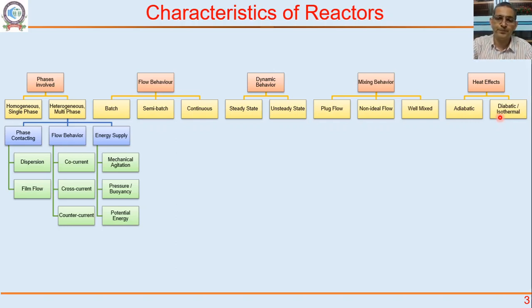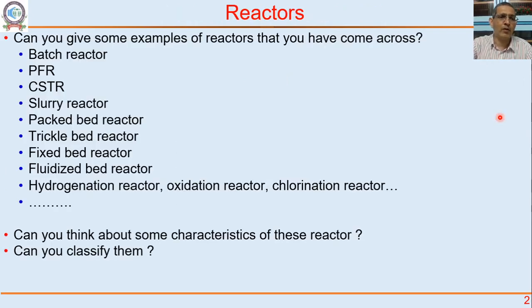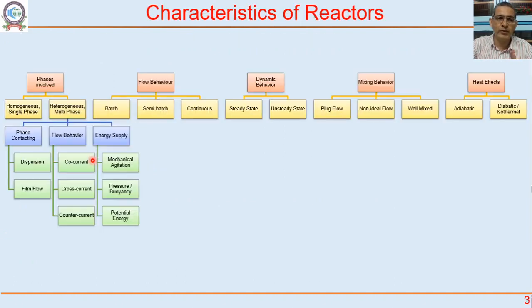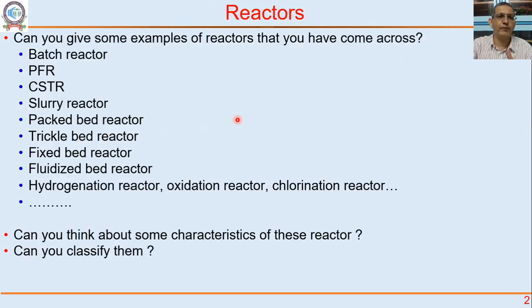So when you think about all these different things, try to classify using these characteristics. Let me give you an example. So for example, if you have thought of, let's say, a hydrogenation reactor, where you are hydrogenating nitrobenzene.